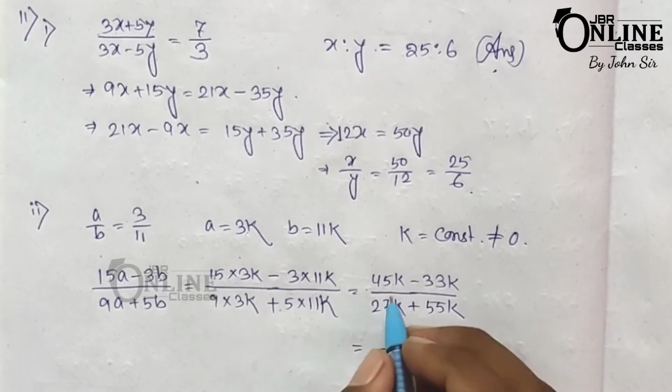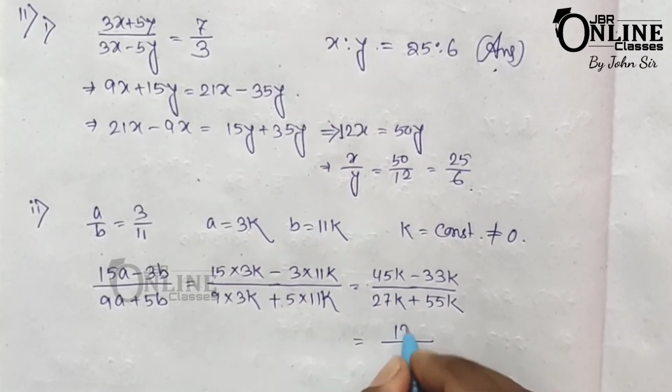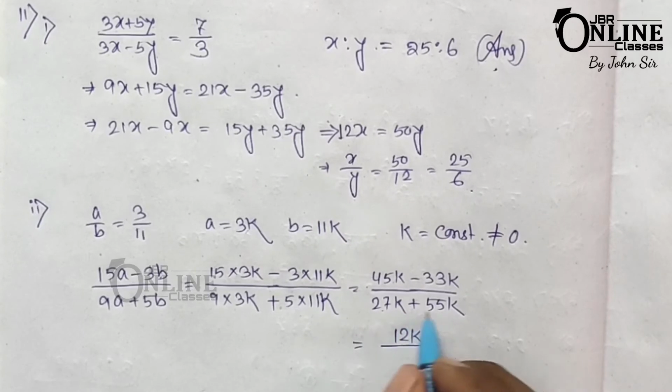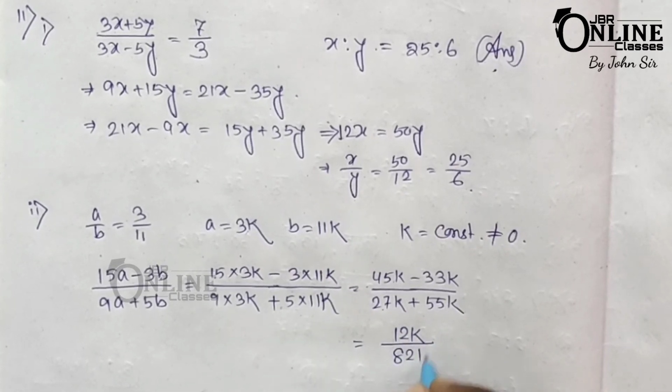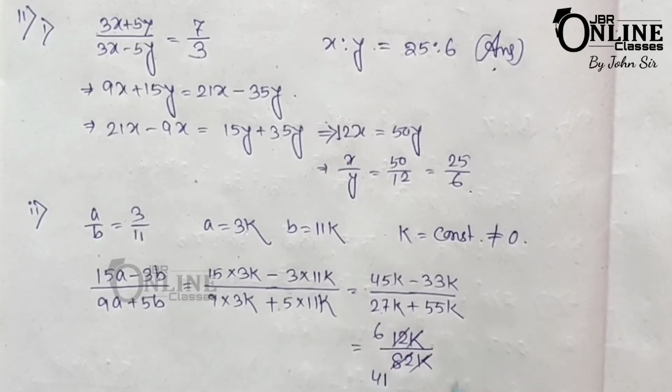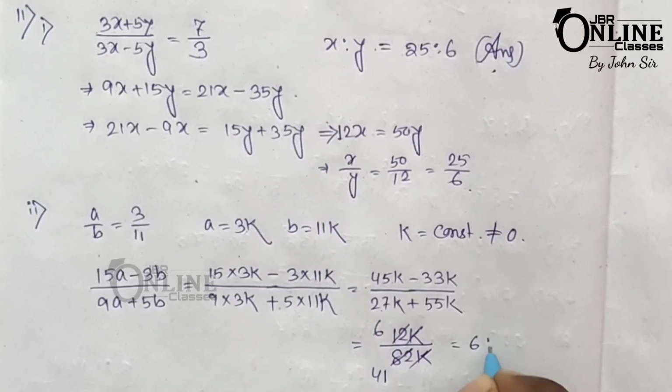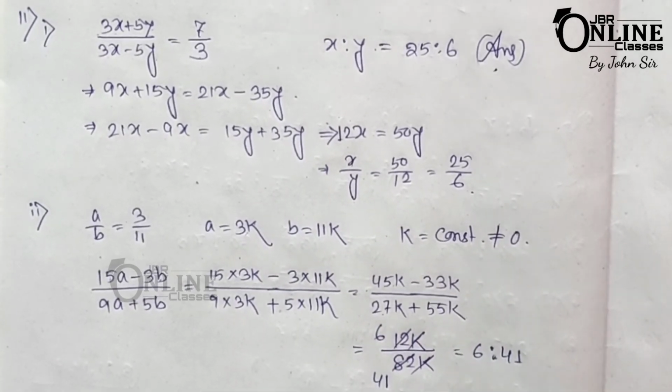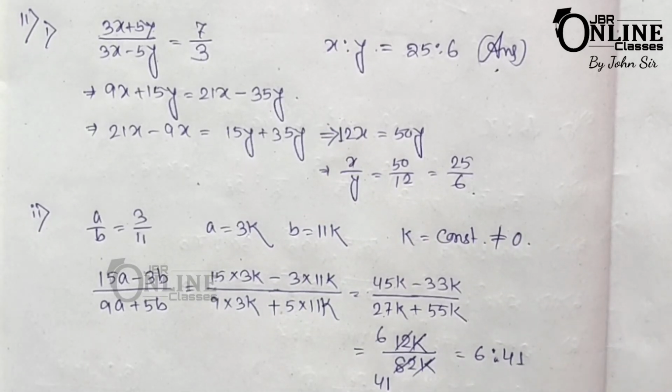Okay, so 15 minus 33... that equals 12k, and 27 plus 55 equals 82k. K cancels out, and it's 6 to 41. So 6 is to 41 is the final answer.